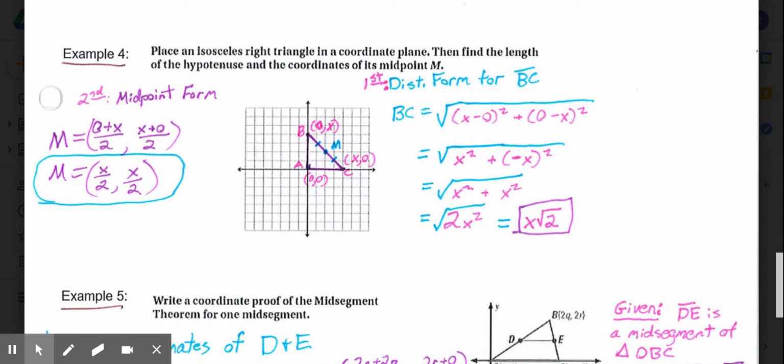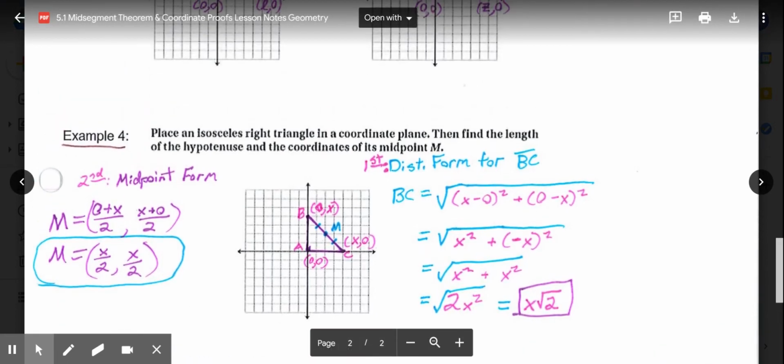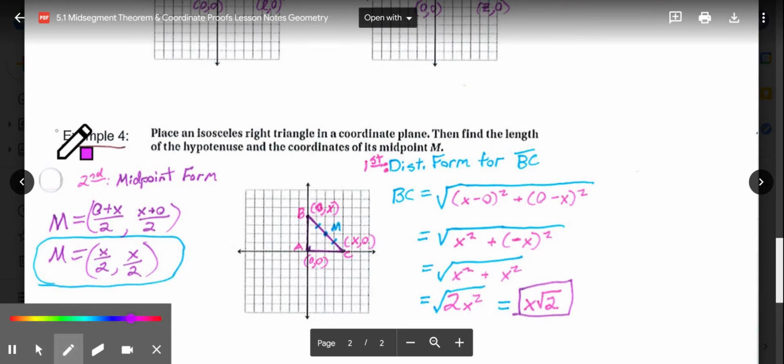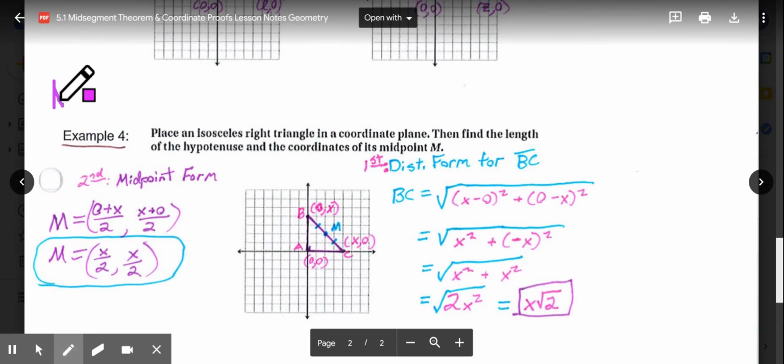Now, the reason that we want to lay them out this way is to make our coordinate proofs as easy as possible when it comes to the midpoint formula or the distance formula. So again, a refresher on the midpoint formula, which we did before. A midpoint formula always has that capital letter M. So it's M equals, and on top you would have your two different x values, x2 plus x1, and that gets divided by 2.